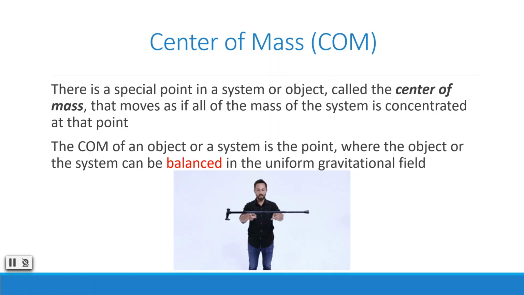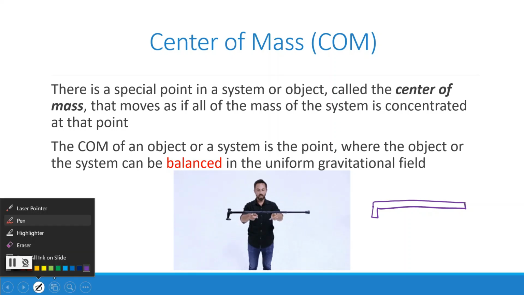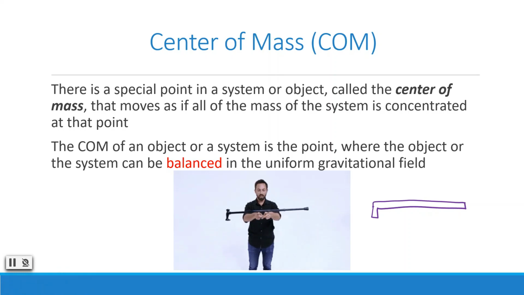Because if you take a look at this little cane that this guy is holding, we treat the gravitational force as coming from the center of mass. So say the center of mass is right here. Then we treat the gravitational force as coming from that point.